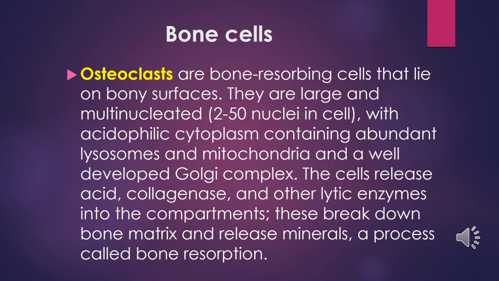Third type of cells in bone tissue is osteoclasts. It's a very interesting cell, osteoclast, because it develops and forms from monocyte. In monocyte normally present one nucleus, but in osteoclast may be formed from 2 to 50 nuclei in a cell.